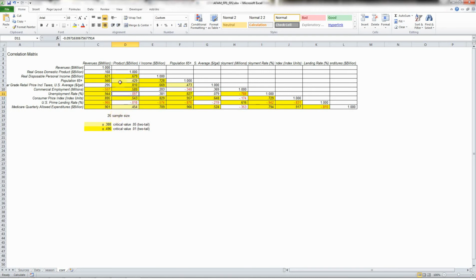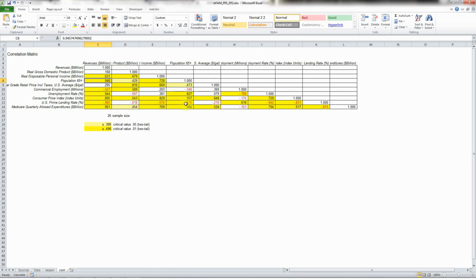And the hypothesis here is that the correlation coefficient is 0 or not 0. So when it's not yellow, we are not necessarily confident that the correlation coefficient between these two variables is not 0. So it may very well be 0. So that lends some doubt on whether that's a useful predictor.